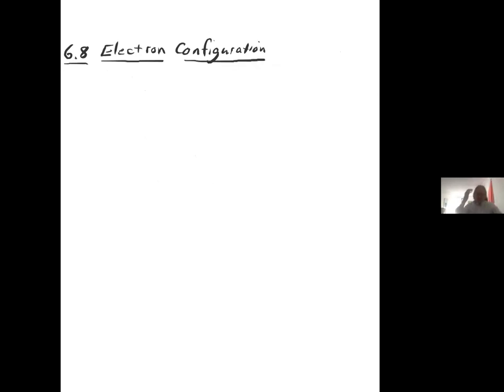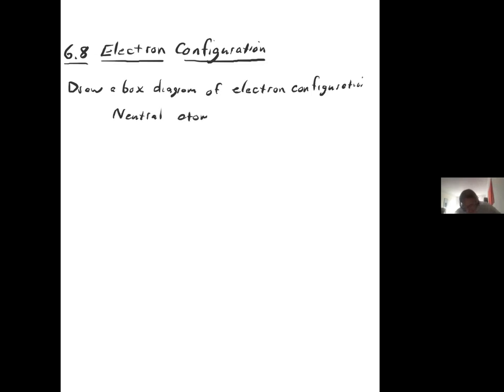All right, so the first one on ALEKS they ask you to do is they say draw a box diagram of the electron configuration. And they want you to do a neutral atom of argon. Argon is Ar, just be careful. Arsenic is As, argon is Ar, okay?